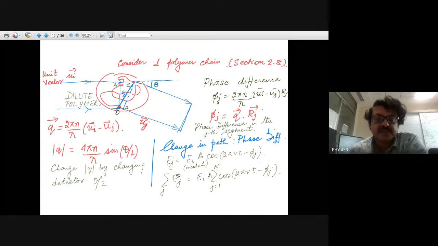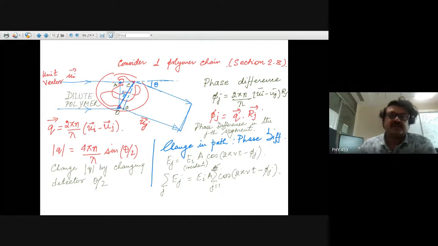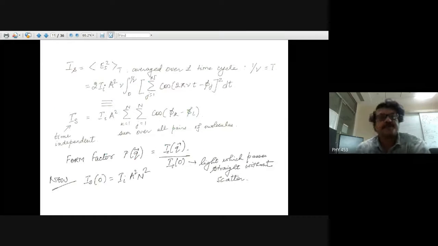Different molecules, basically you're summing over j, and the total electric field at any point will be Ei, the incident electric field, times the sum of scattering from different points in space. So basically cos(2 pi nu t minus phi j), summation over j, because j is 1 to n, all the molecules in this system, right? So it's all the different scattering sources, different molecules, different monomers in the system, if you like.